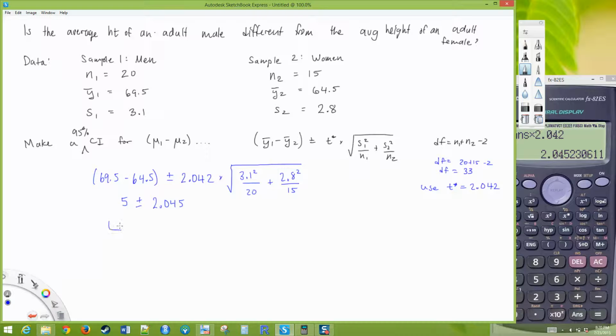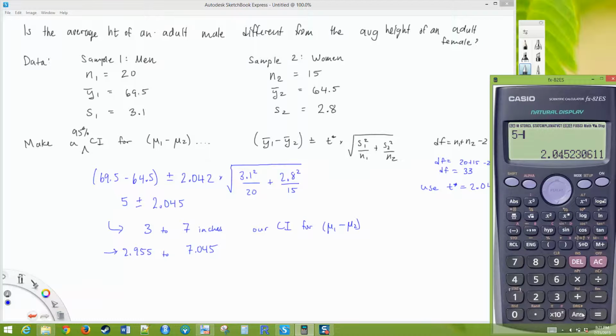So essentially, it goes from 3 to 7 inches, our confidence interval for mu1 minus mu2, or with more precision, 2.955 to 7.045.